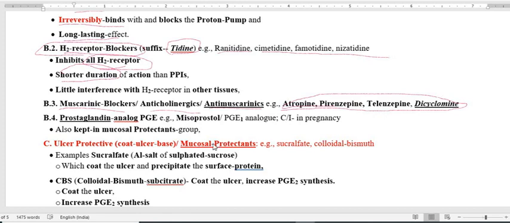Now, another drug that is also going to inhibit the synthesis of hydrochloric acid through the parietal cell is prostaglandin. The prostaglandin analog is misoprostol. Misoprostol is called a prostaglandin E1 analog. So how is this misoprostol going to inhibit the synthesis of hydrochloric acid?